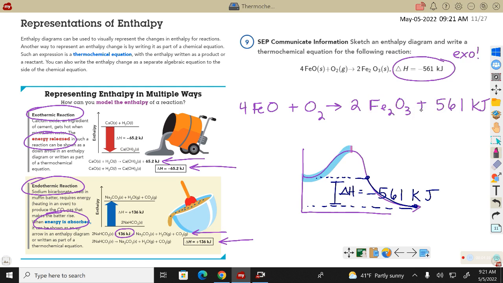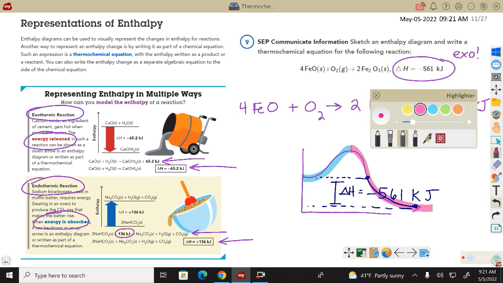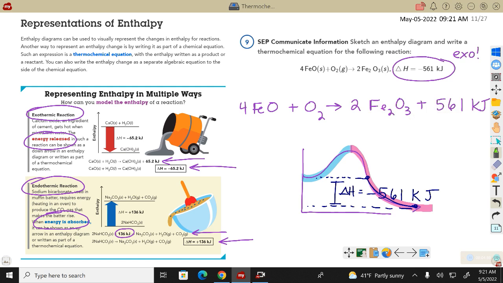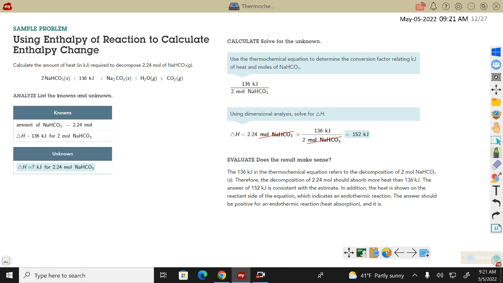I get all this energy produced when the bonds on the product side form. But part of it cancels out, since I had to add this much energy to break apart the reactants, but then I get it all back. So again, they cancel, so that the overall energy change is just the difference between the reactants and the products. There should be a net release of 561 kilojoules.